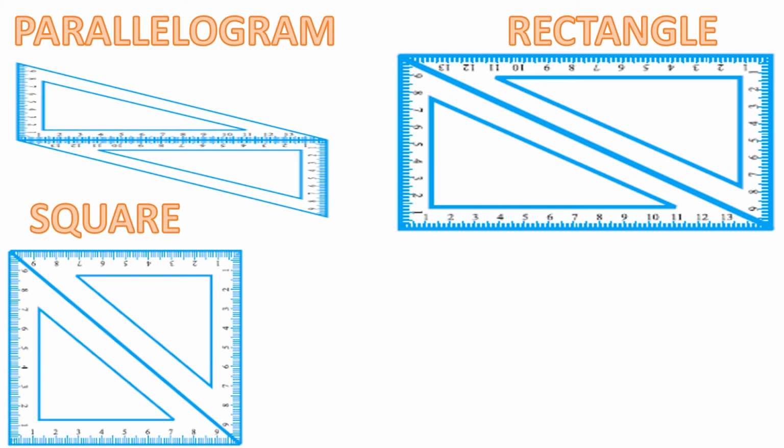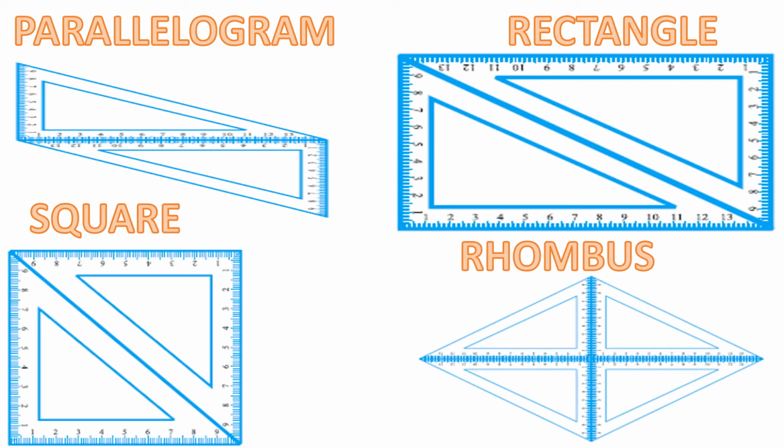The same 30 degree, 60 degree and 90 degree set square, if you use two, you will get a rectangle. The same set square you used for a square, if you use four for a rhombus, you will get a rhombus figure.